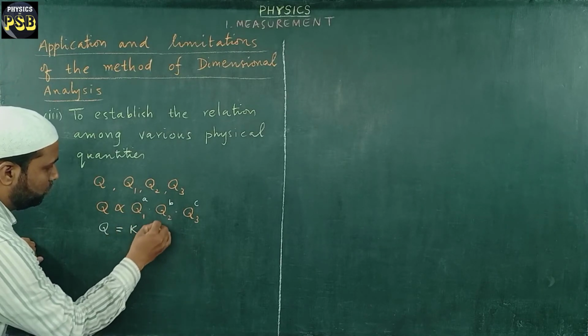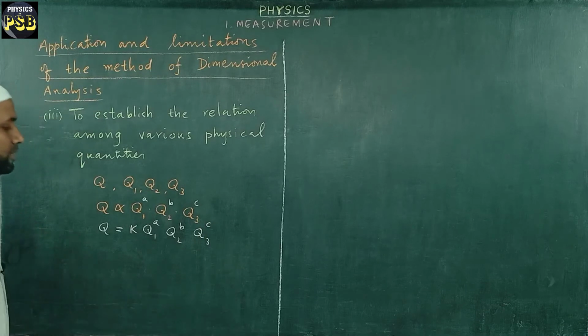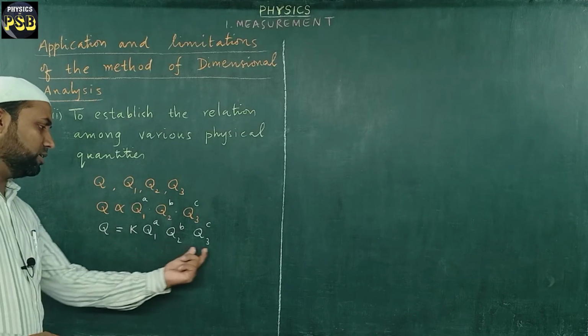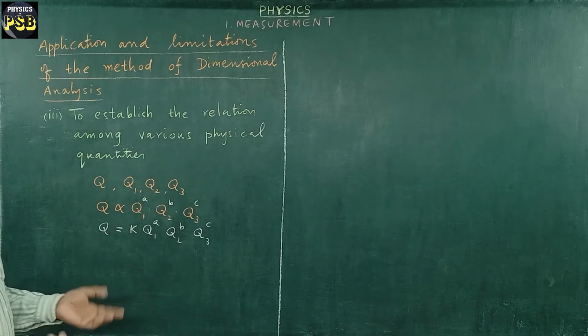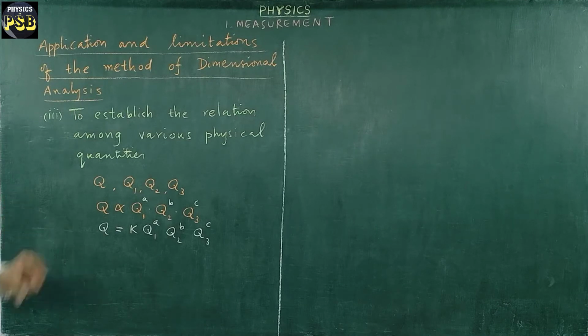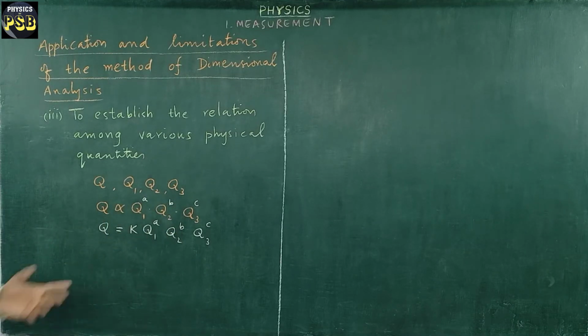Then Q1 power A, Q2 power B, Q3 power C. And after that, if we substitute the dimension of each term on both sides, then comparing the powers of M, L and T on each side, we can get the value of A, B and C. But I am going to explain it with the help of a few examples. Let's go into that.